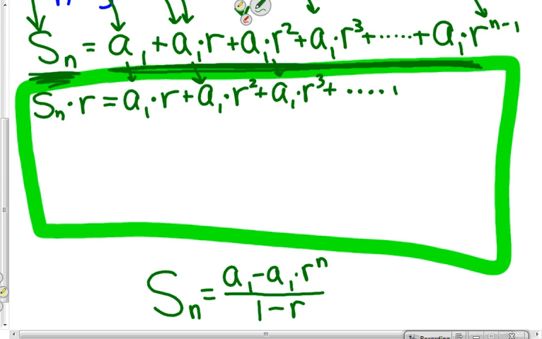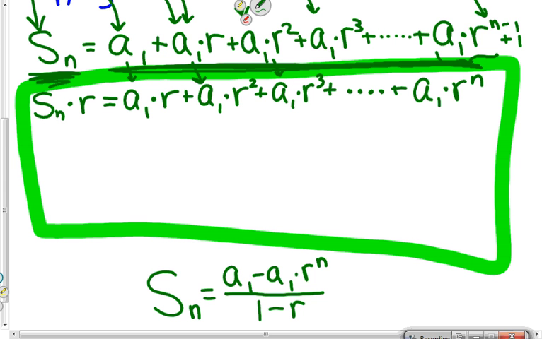So where will it end? It will end when this guy gets its exponent bumped up 1. So what will that last term look like? What's n minus 1 plus 1? N.